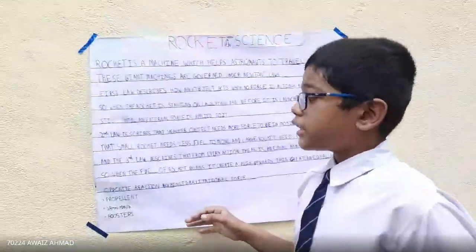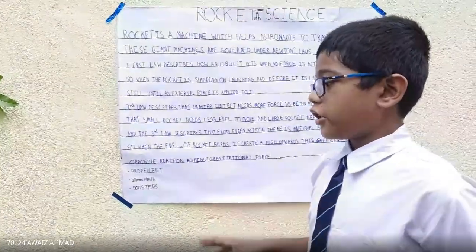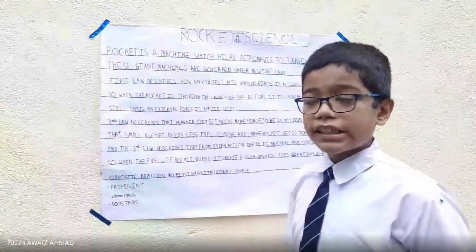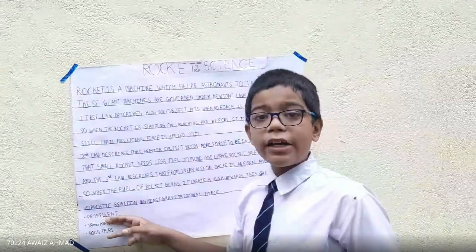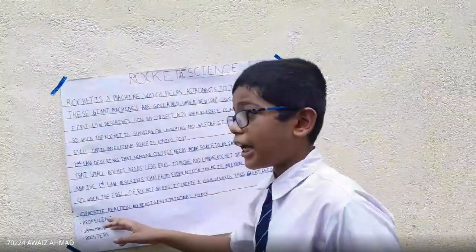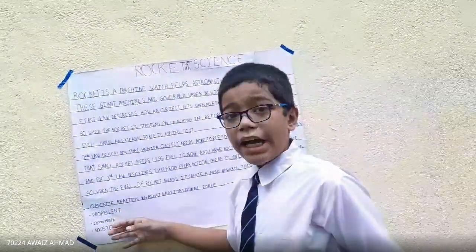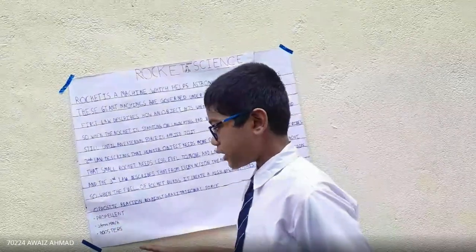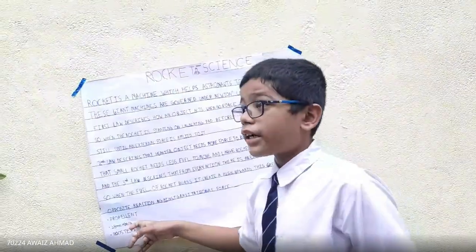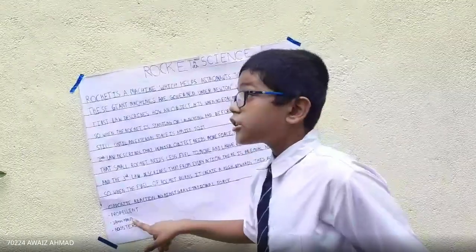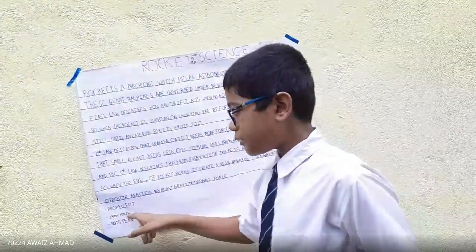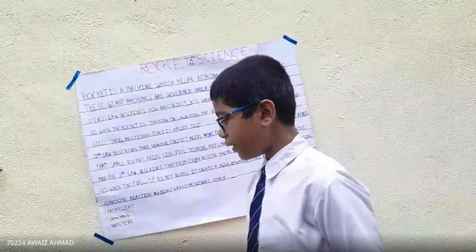So rockets are all governed by Newton's laws. And when the rockets fly in the sky, the rocket has a propellant booster, which helps the rocket to fly at a very high speed. The fact about rockets is that a rocket can fly at the speed of 28,000 kilometers per hour.